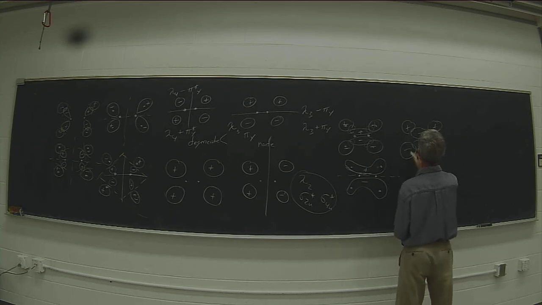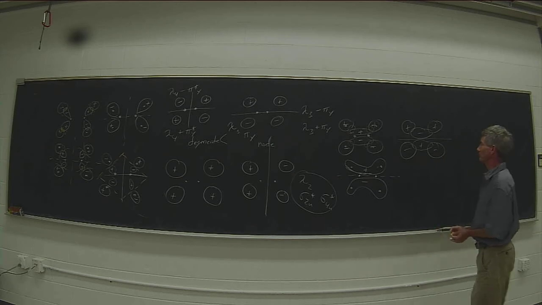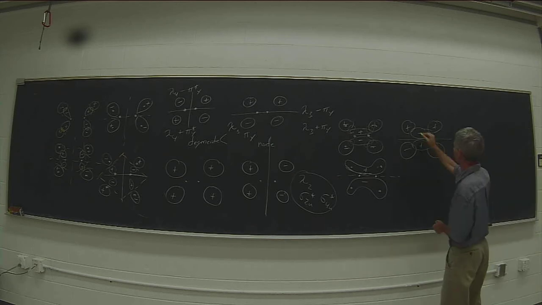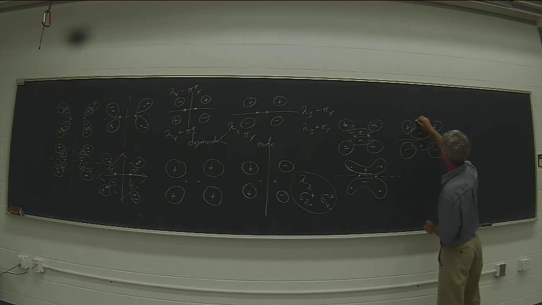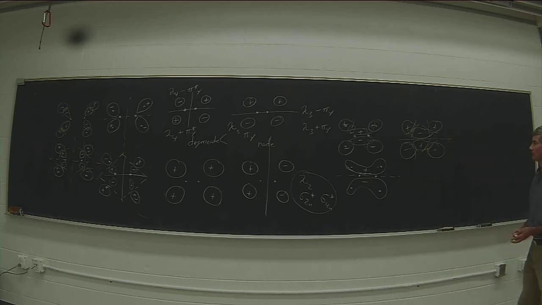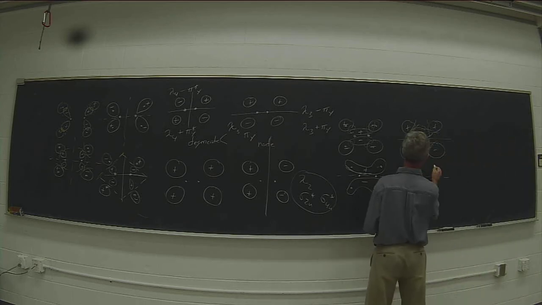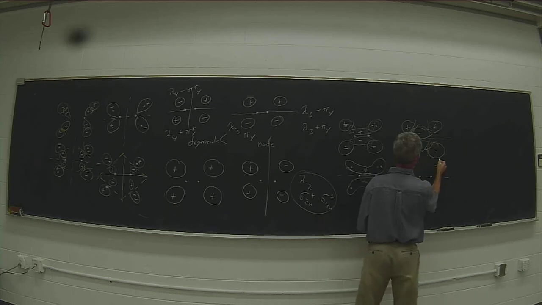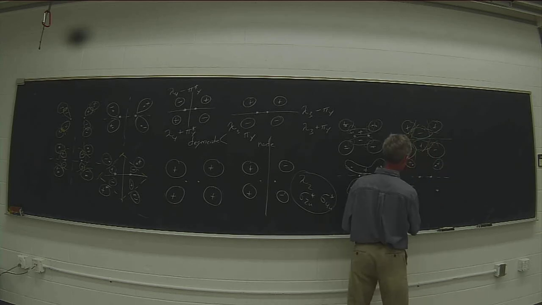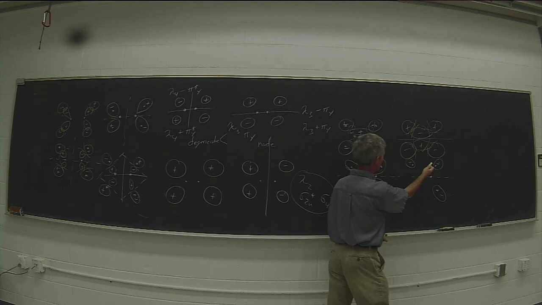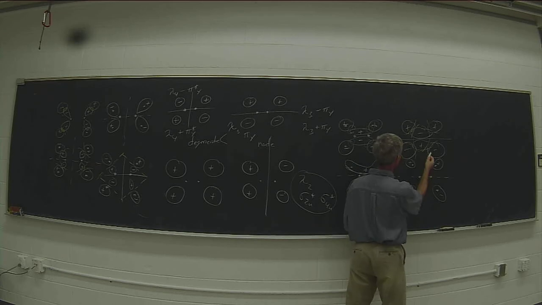looks like this. It still has that horizontal node that it had to begin with, and now it's got destructive interference with respect to all the carbon-hydrogen bonds, and the result will look something like this, where some of that pi orbital will have been removed.